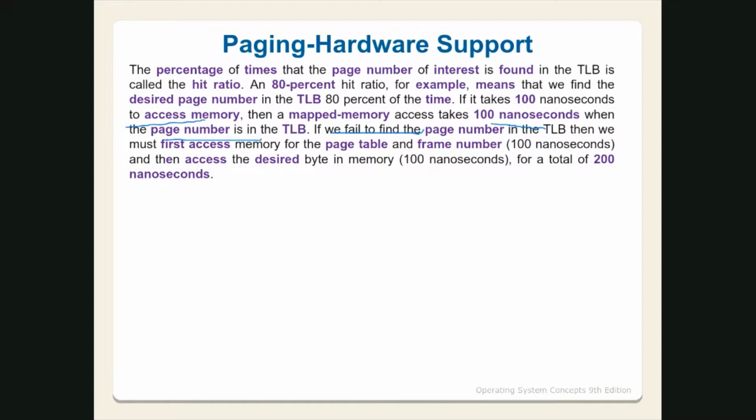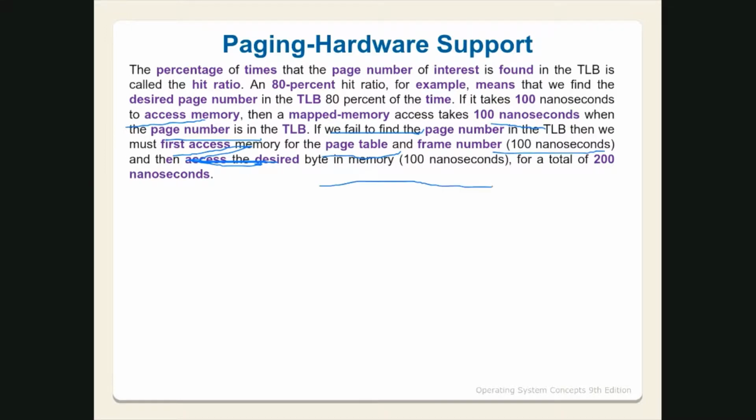But in case there is a TLB miss, the page is not in the TLB, so you have to access the page table. In the previous diagram, I said you have to access the page table. Where is the page table? I told you the page table is in the physical memory. So you may have extra time: 100 nanoseconds to refer to the page table, another 100 nanoseconds to refer to the frame.